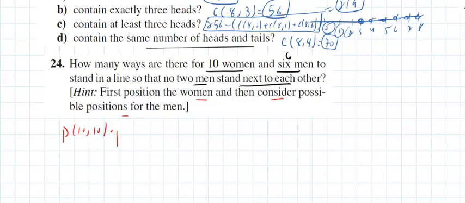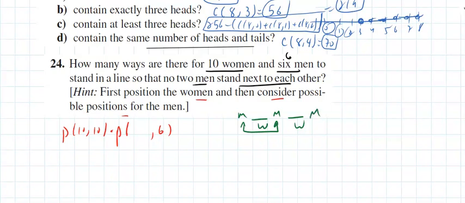And now we get to the men. We're going to choose 6, but one catch. If I have a woman standing, one woman, do you see that there are 2 possibilities for a man to stand around? And if I have 2 women, can't I have men stand on either side?